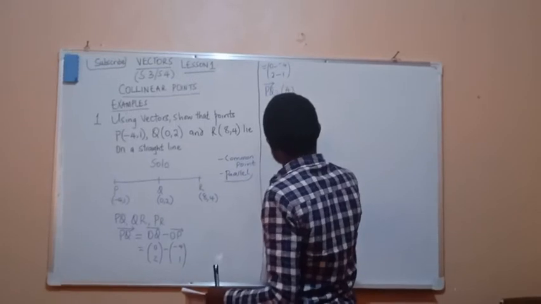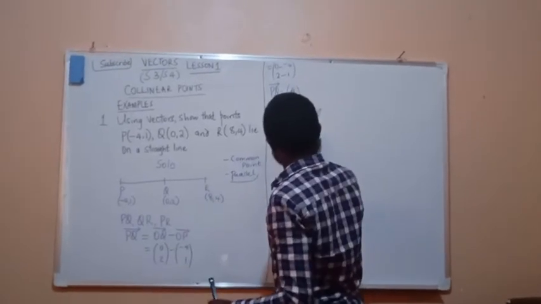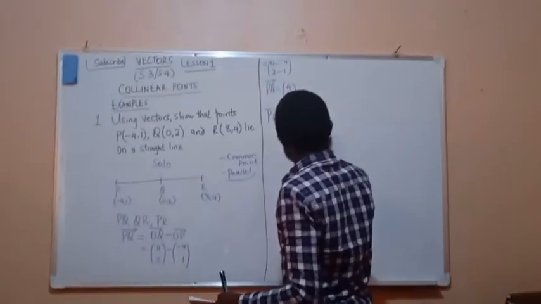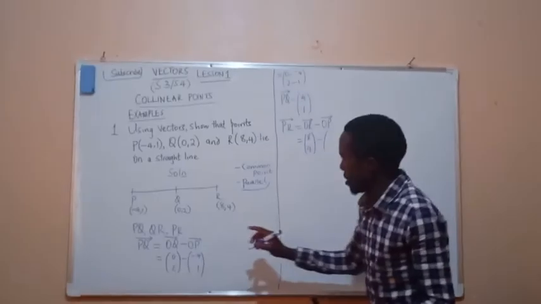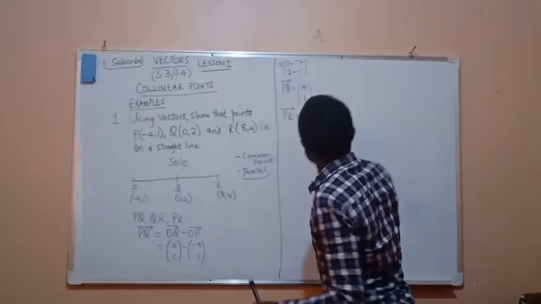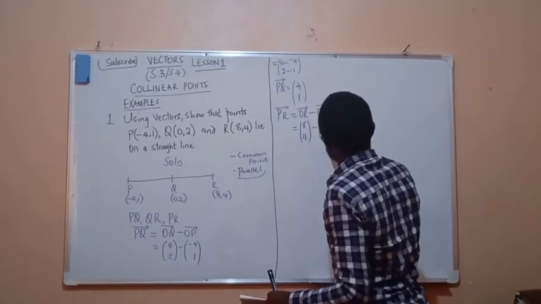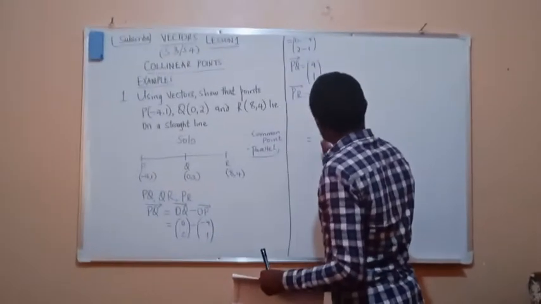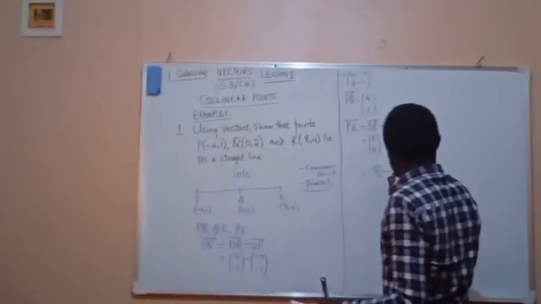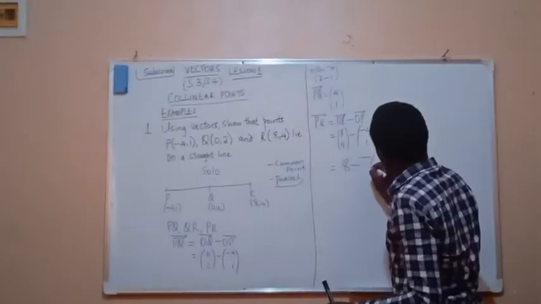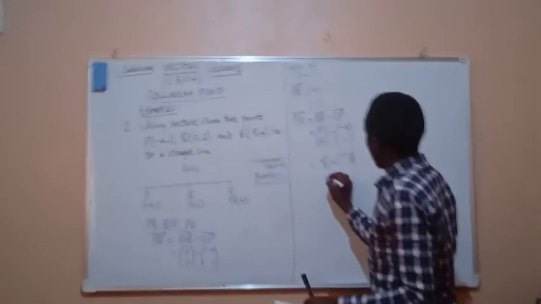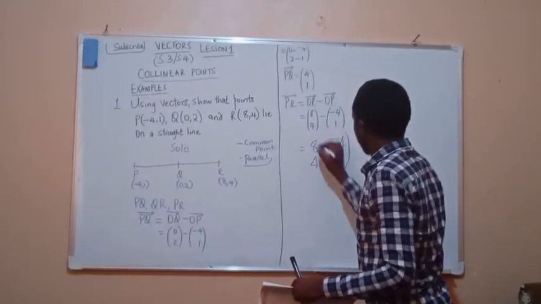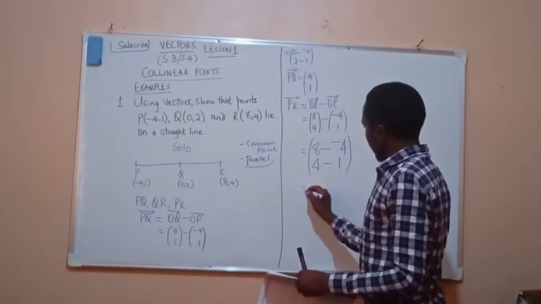Now, the position vector of R is 8, 4. So here we shall have 8, 4 in column form minus OP. Our OP is negative 4, 1. This is the same as 8 minus negative 4 on top, and 4 minus 1 below.